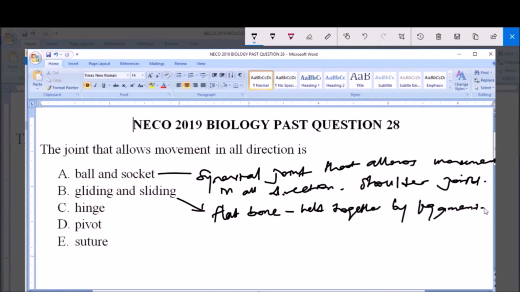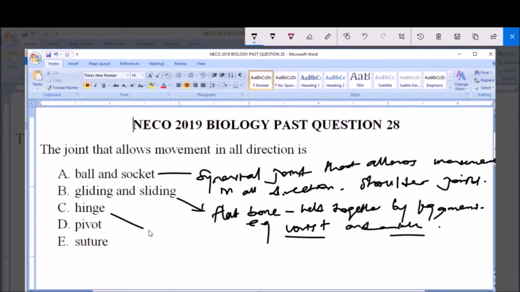Examples are the wrist joint or the ankle joint. The surfaces of these two flat bones are held together by ligaments, so they are able to slide over each other, and that is why we call it gliding and sliding joints. You find this in the wrist and in the ankle.